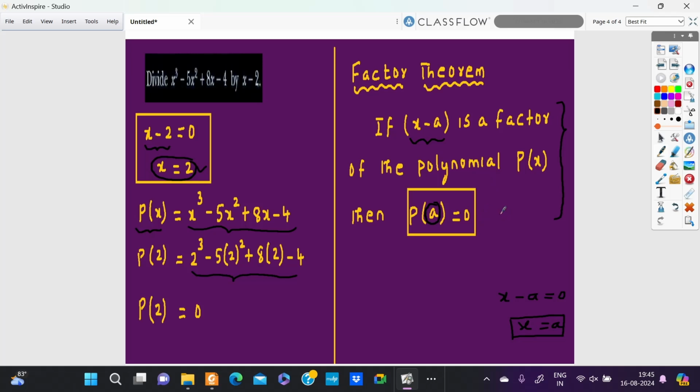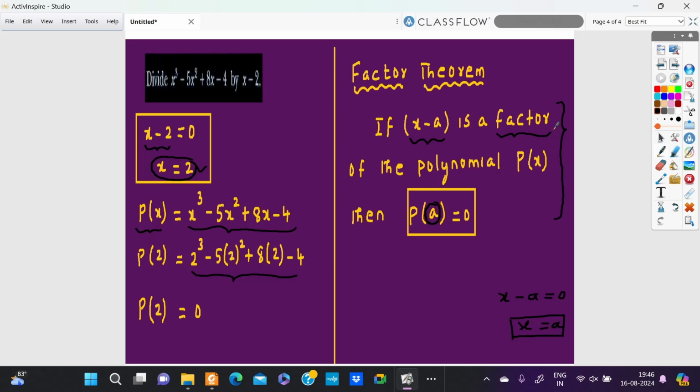I will repeat this once again. To find the remainder, we use the long division and we use the equation of division, which has a direct link to the factor theorem. So when it comes to a polynomial divided by another polynomial, if the word factor is there, if it says x minus a is a factor of the polynomial, then I would just directly say p of a is equal to 0.